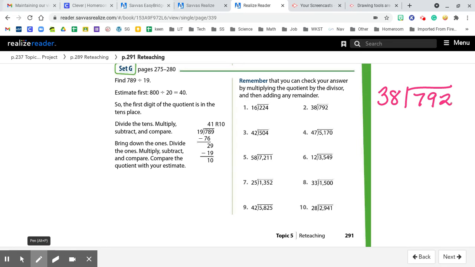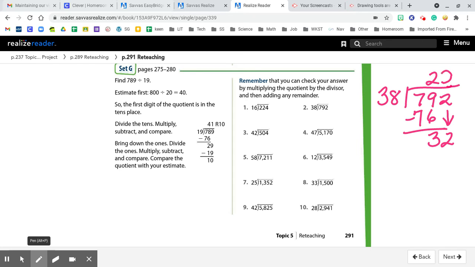So 38 doesn't go into 7. It goes into 79 2 times. 38 times 2. We subtract, compare, and bring down. 38 doesn't go into 32, so be careful on this one.